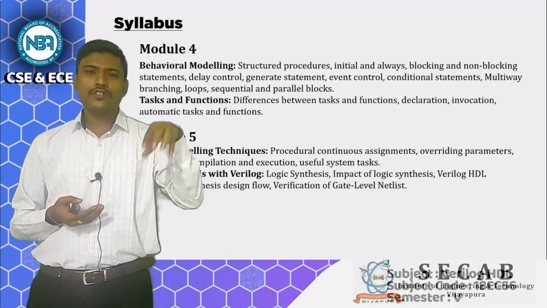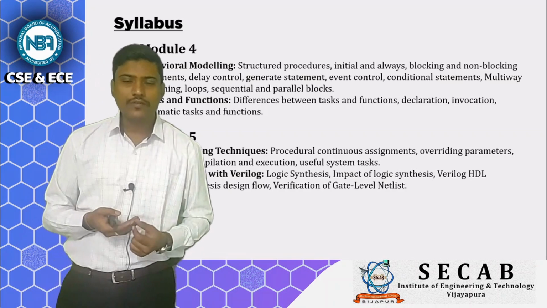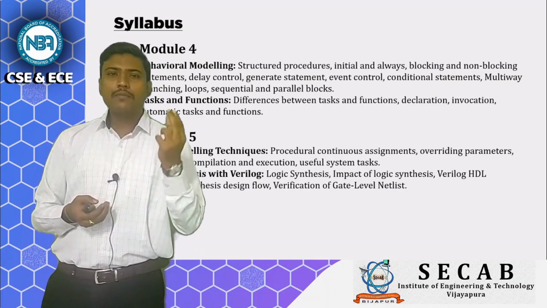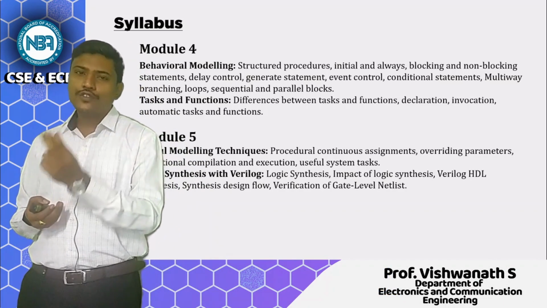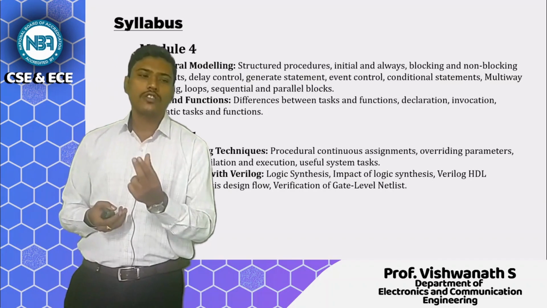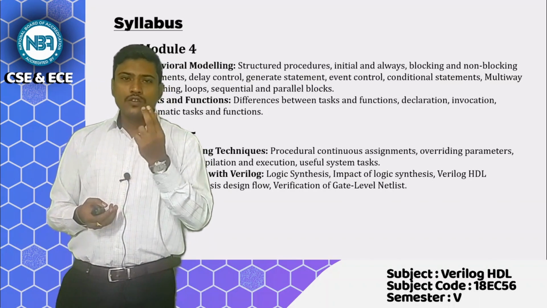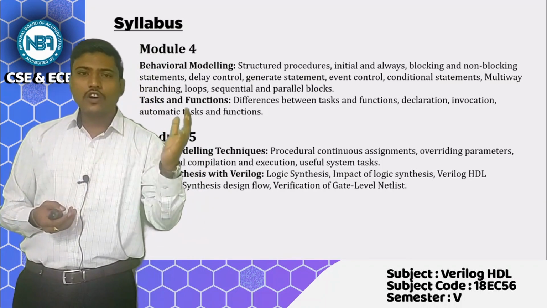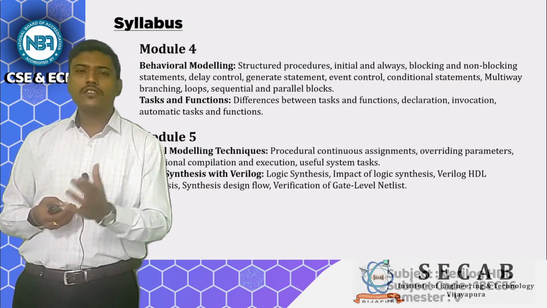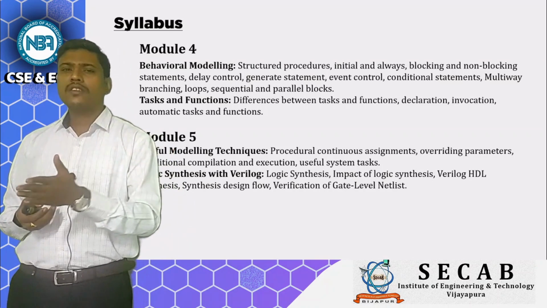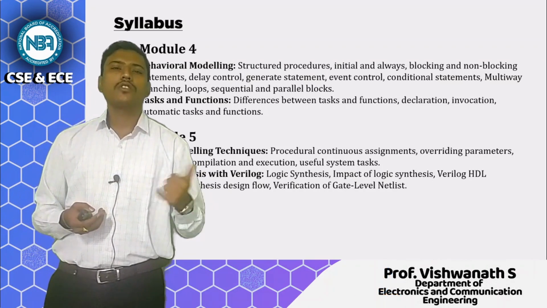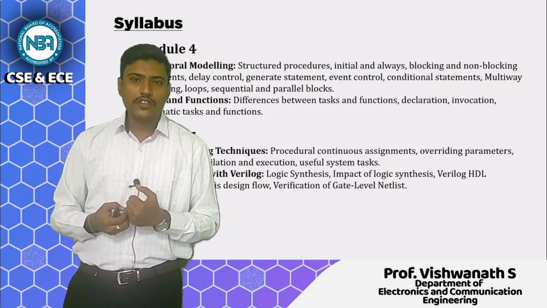Suppose I have taken an FPGA with 3000 logical elements, then the code I have written should use less than 3000 logical elements. Suppose I have written it using all these 3 modeling techniques, and I synthesize it, then my logical elements might reach somewhere around 5000 or 6000.